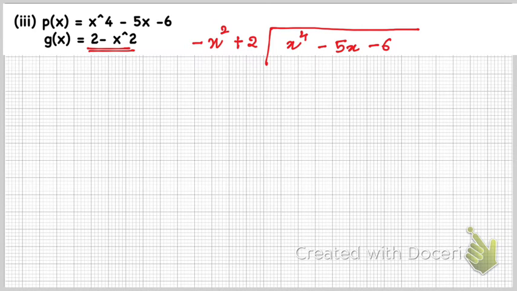So I have written it like this. Here the first term is minus x square and here the term is x to the power 4. So we need to multiply it with minus x square in order to get x to the power 4.